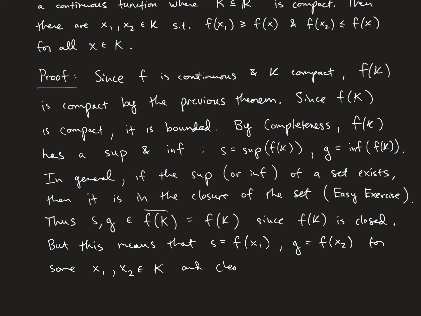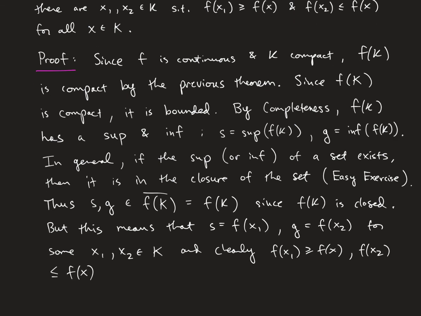And clearly, f of x1 is bigger than or equal to f of x, and f of x2 is less than or equal to f of x, right? Because f of x1 is S, that's the sup, an upper bound for the set f of k.